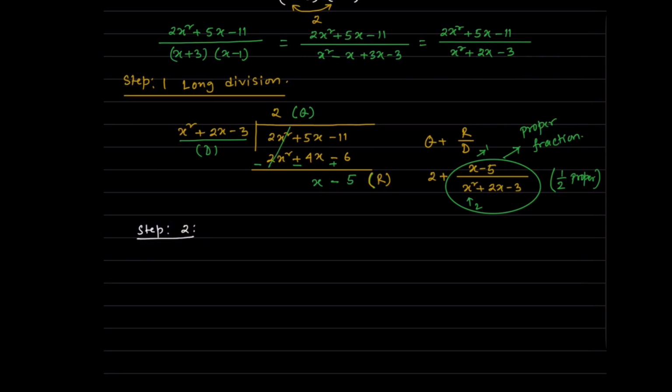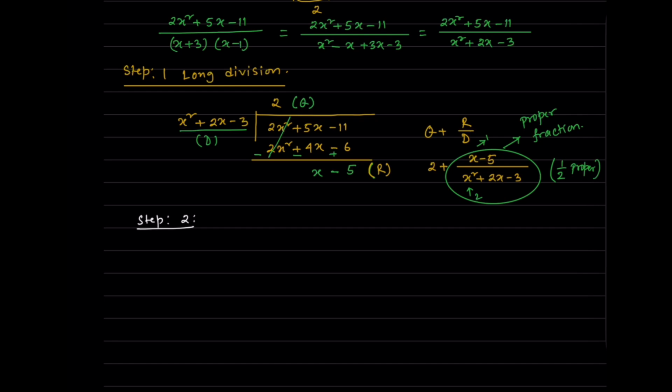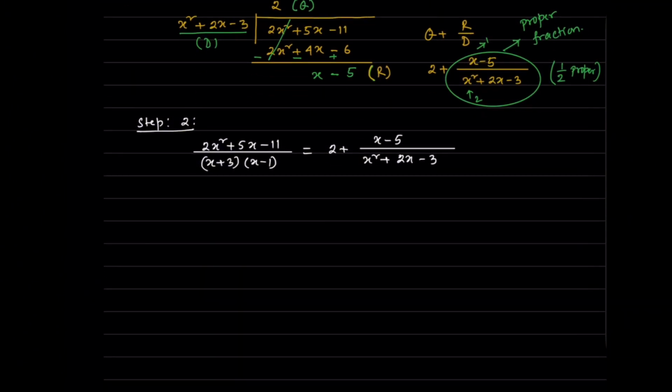In step 2, we can write the whole fraction 2x square plus 5x minus 11 divided by x plus 3 into x minus 1 equals 2 plus x minus 5 divided by x square plus 2x minus 3.